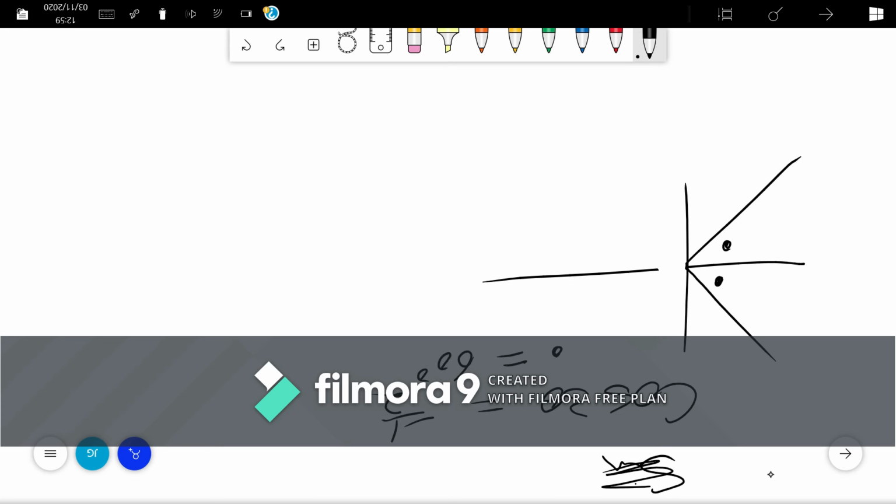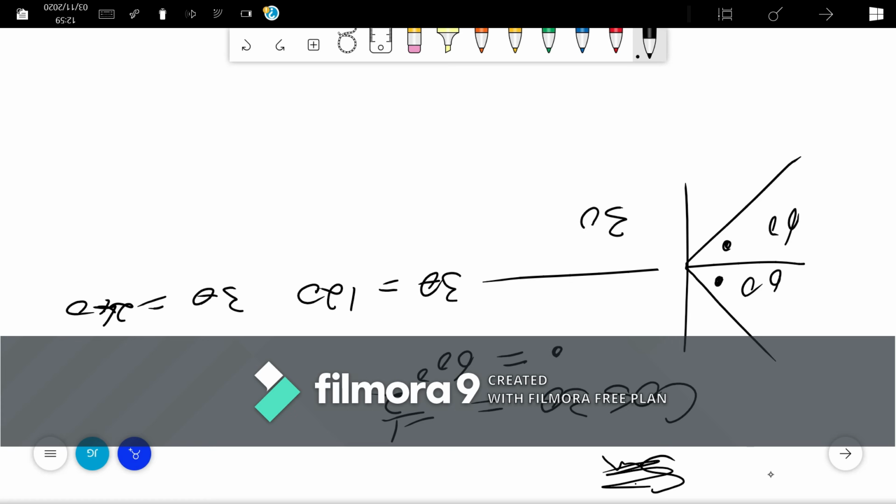Very tempting to divide there, very tempting to divide. So then we go 3 theta equals 120 plus n360 and 3 theta equals 240 plus n360. So then theta is equal to 40 plus n times 120 and theta is equal to 80 plus n times 120.